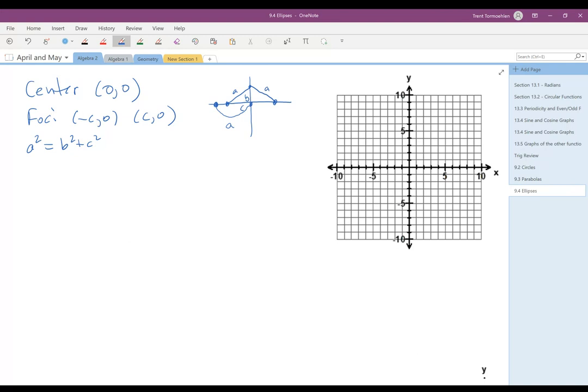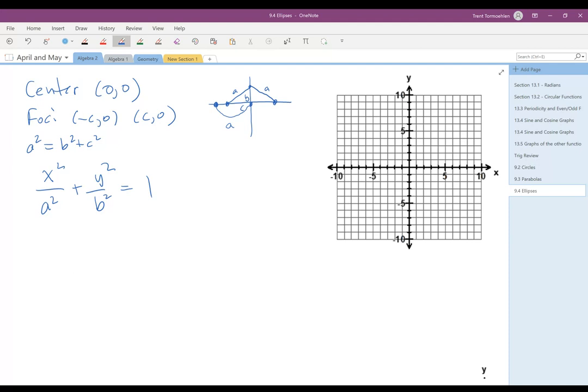And so it works out nicely that it just turns out to be a. So the first way we do it is we end up with x squared over a squared plus y squared over b squared equals 1. And then we have these things that we call the major axis and the minor axis. The major axis is the one that's longer.